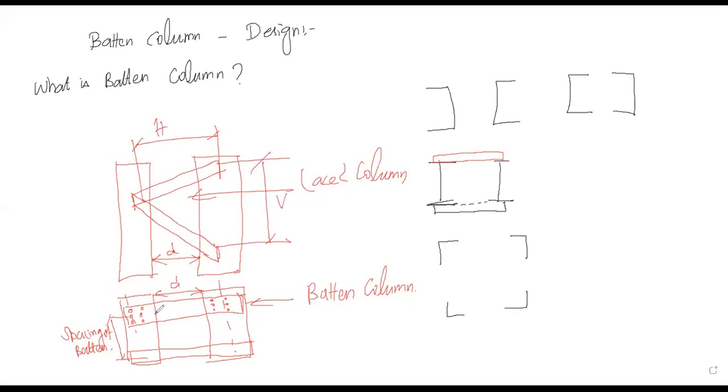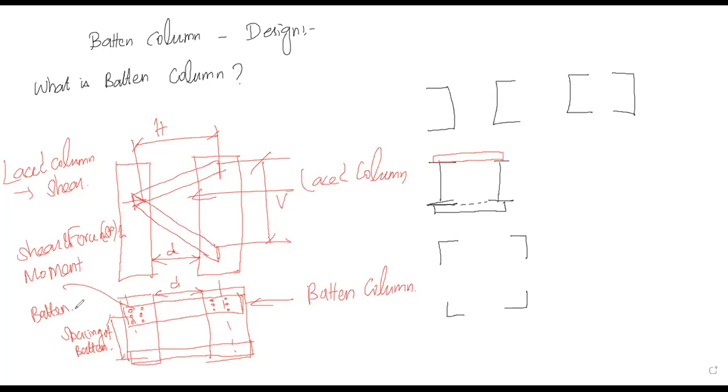But here it is the spacing of batten, and in a laced column only shear comes from the load. In the lacing we can get only shear, but in the batten we get both shear force and moment, since the batten is like a horizontal member, or we can say a laterally supported beam.